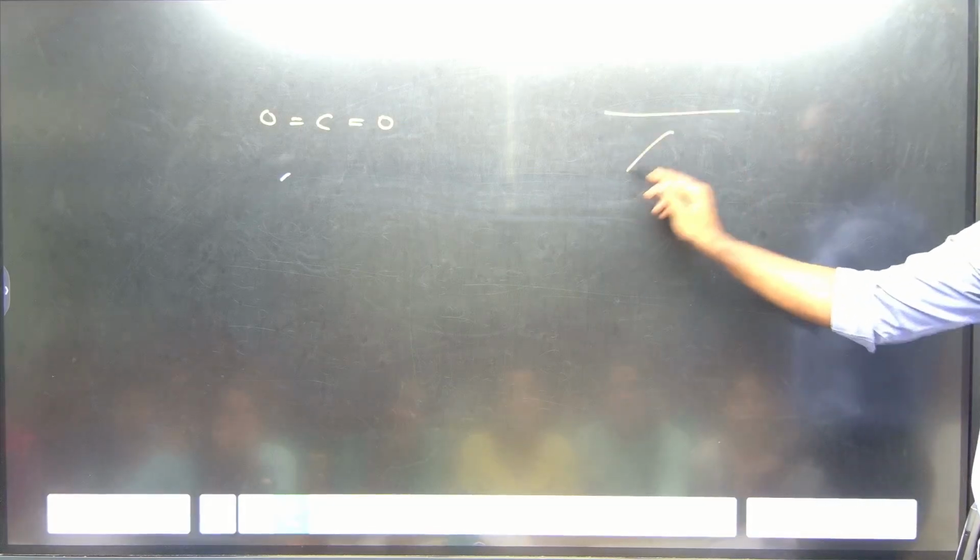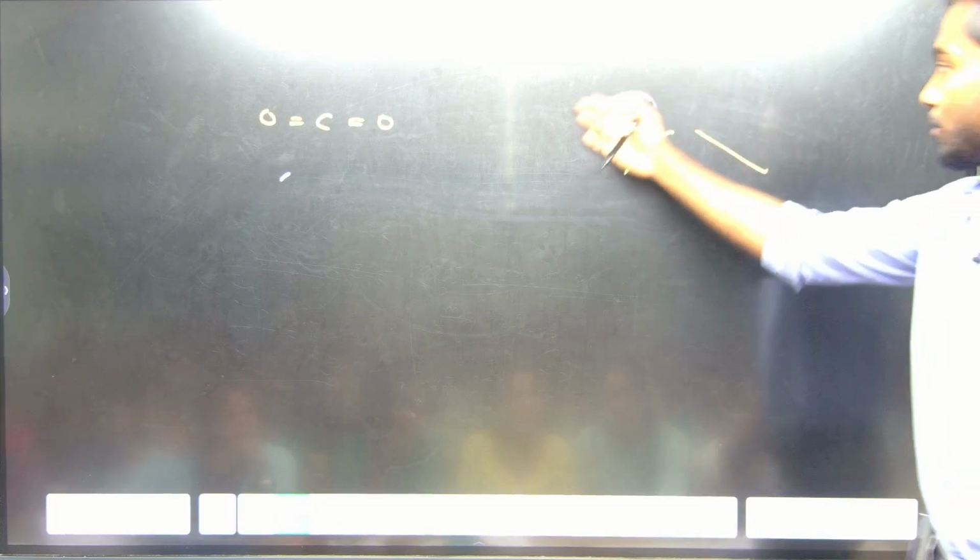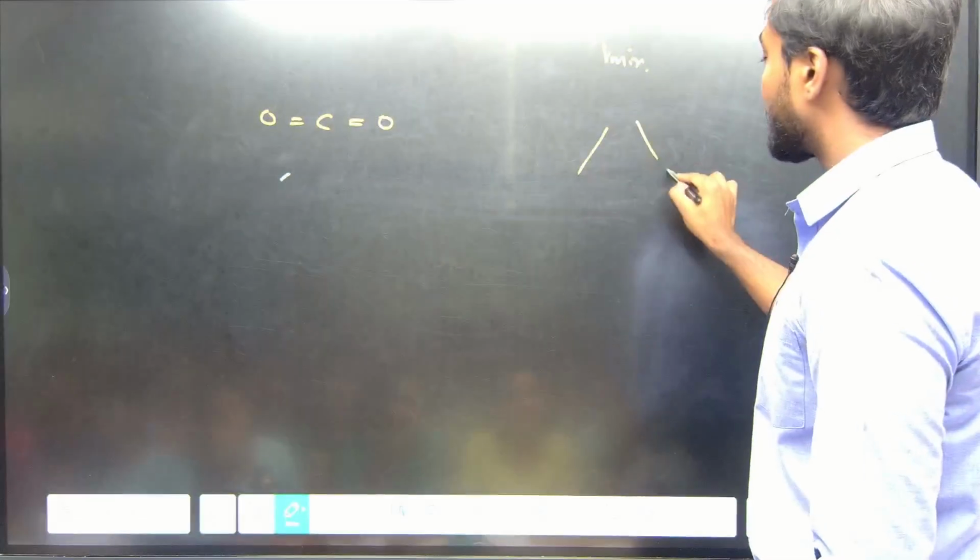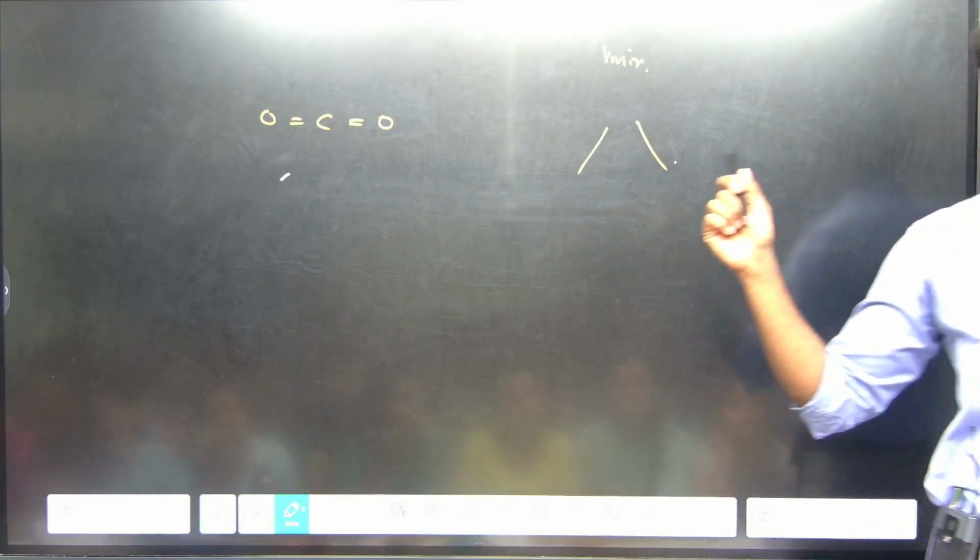So it won't be like this, right? It will be like this, right? So whenever you get a structure like this, this will be non-linear, and in a straight line it will be linear. Okay.